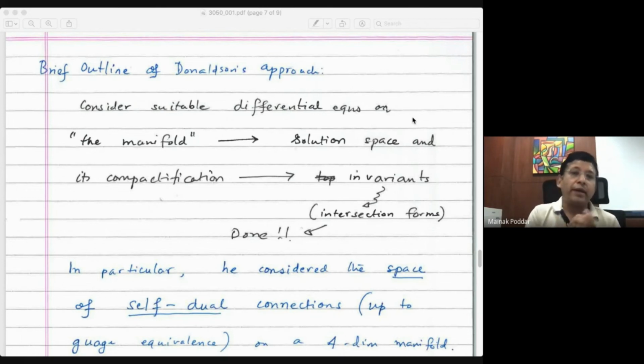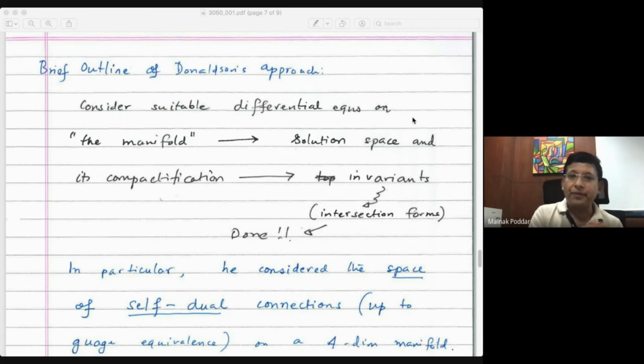But you will look at nice objects in those. It's like vector fields, right? Vector fields have something to do with the tangent bundle. So this is called a section. Now, anyways, you look at some differential equations related to vector bundles.